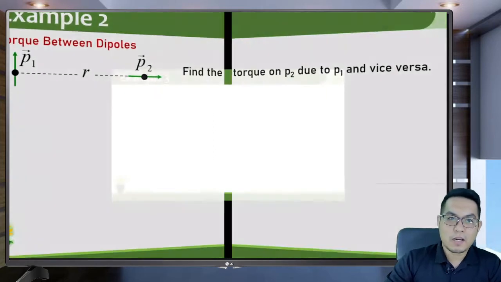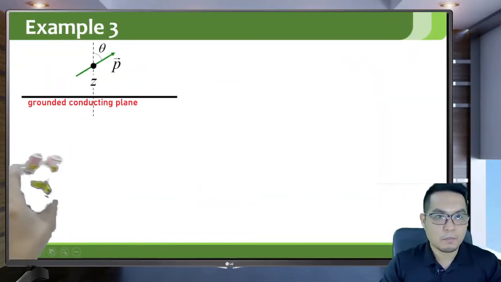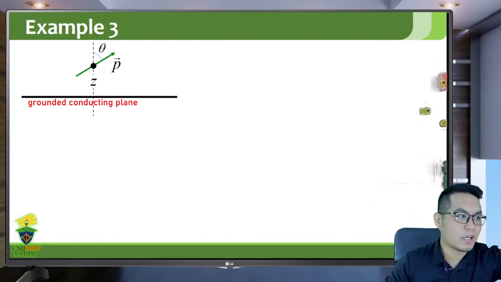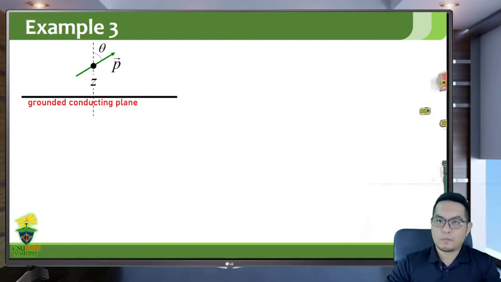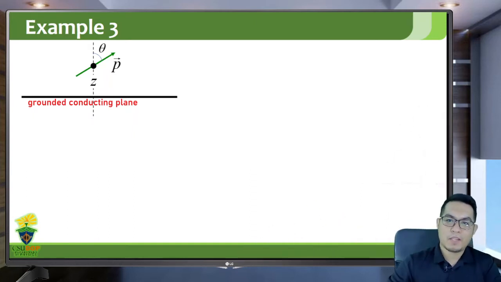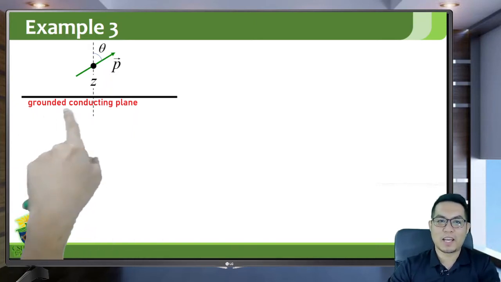So let's now have another example, example number 3. In this problem, you have a grounded conducting plane. This is just the side view of the plane, so it looks like a line.